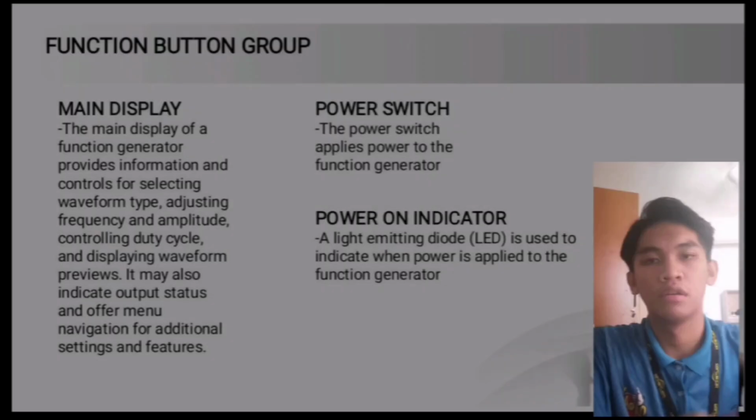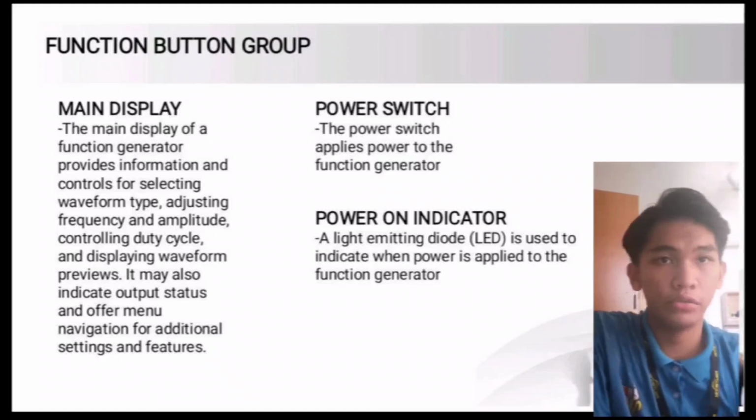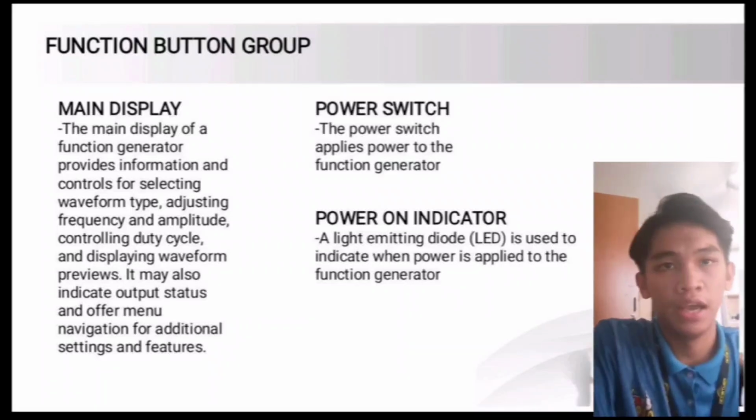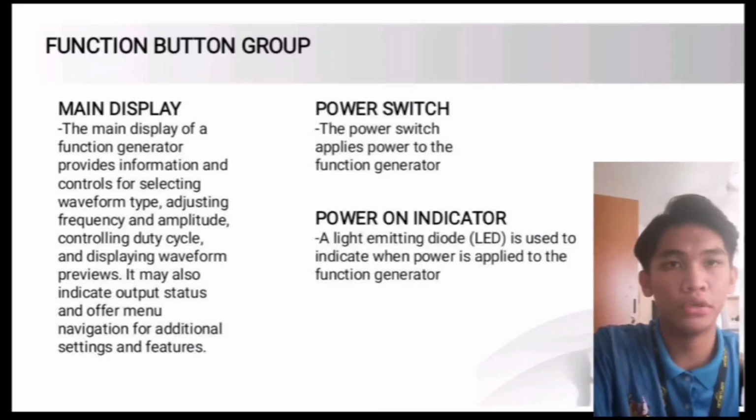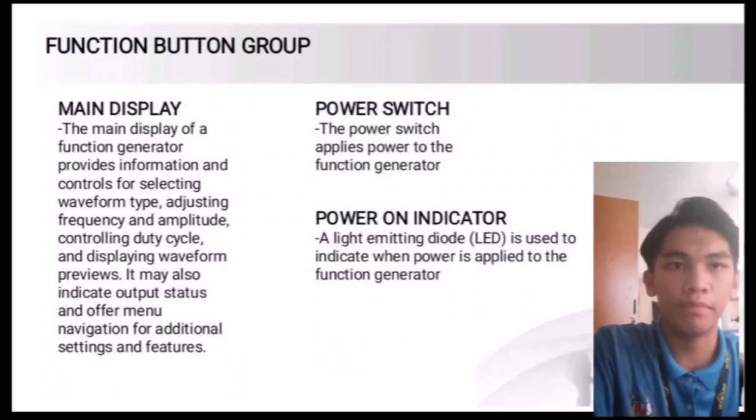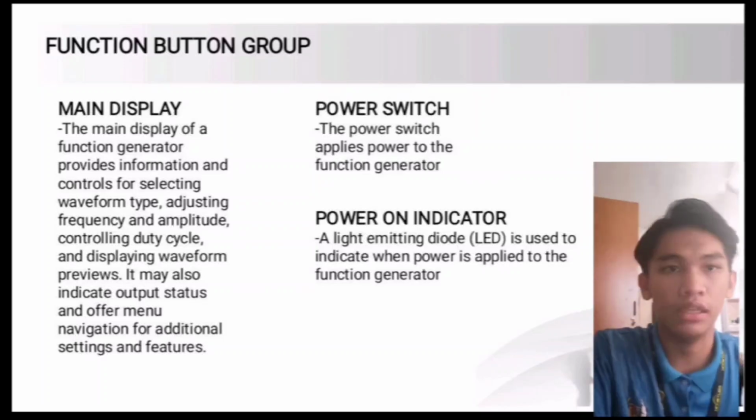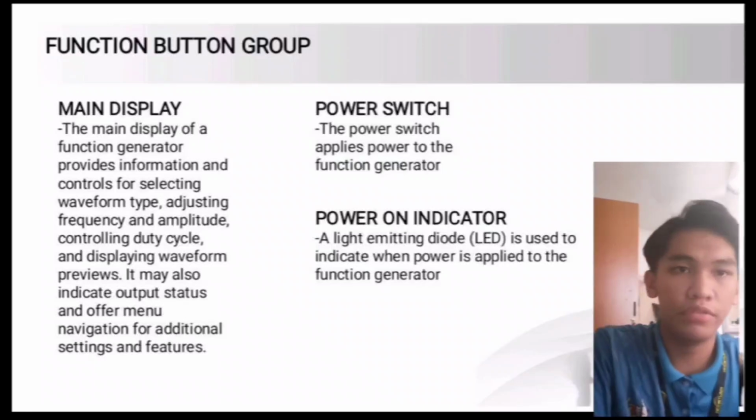So, the function button group for the main display: the main display of a function generator provides information and control for selecting waveform type, adjusting frequency and amplitude, controlling duty cycle, and displaying waveform preview.